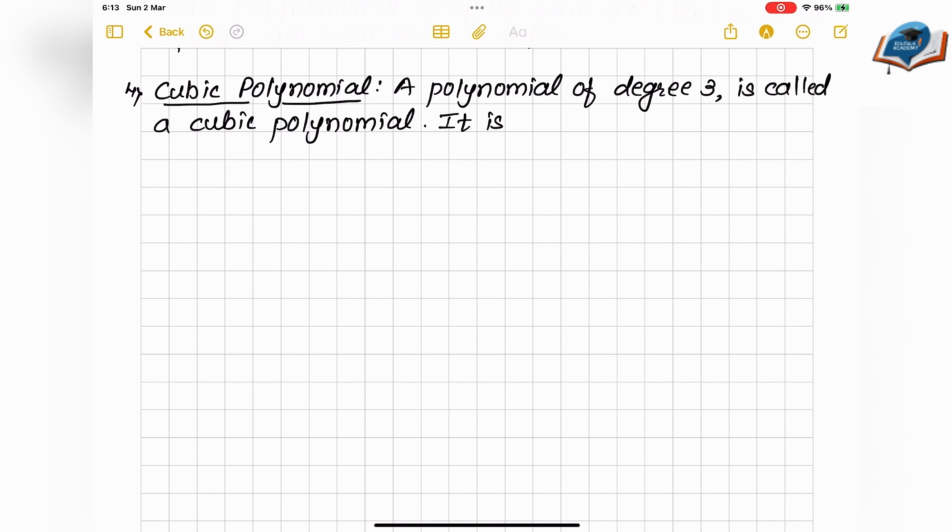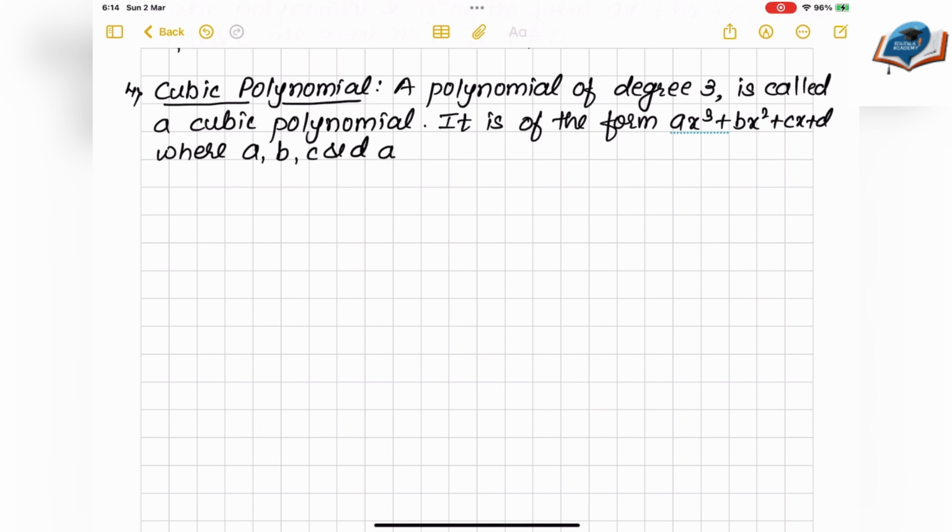It is of the form ax cube plus bx square plus cx plus d, where a, b, c, and d are real numbers and a should not be equal to 0.